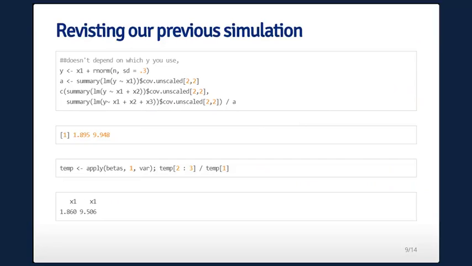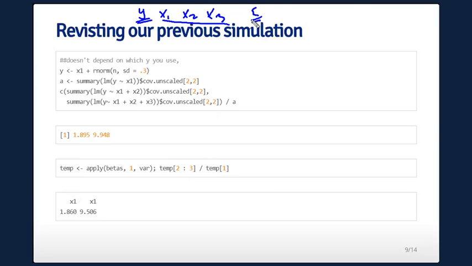So let's revisit our previous simulation. Remember, in our simulation, there were 3 things: y, x1, x2, and x3, and we simulated a new y every time, but our x1, x2, and x3 were constant at their original values, and we simulated errors each time. So what we're going to talk about actually doesn't depend on either y or the errors.